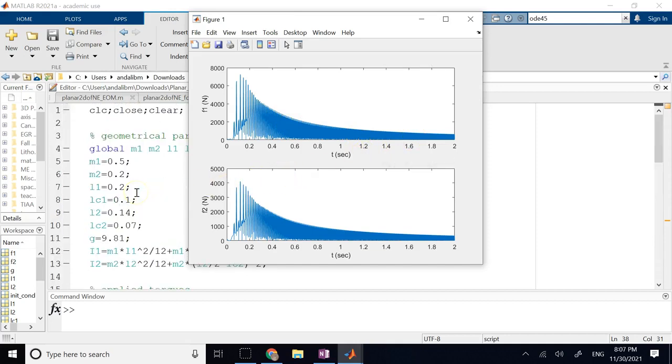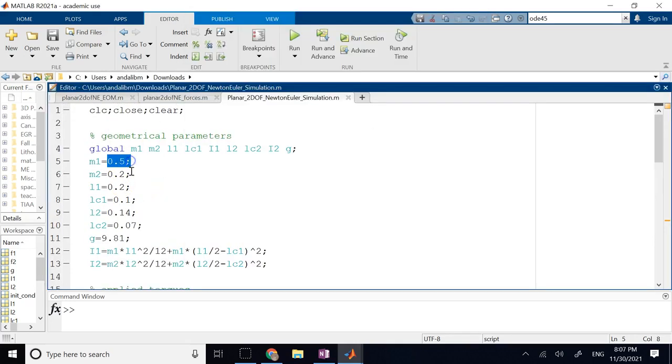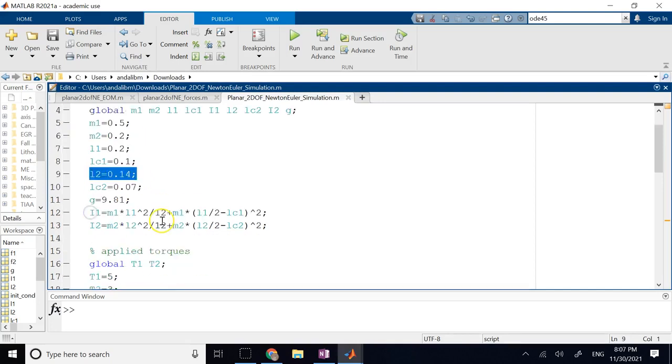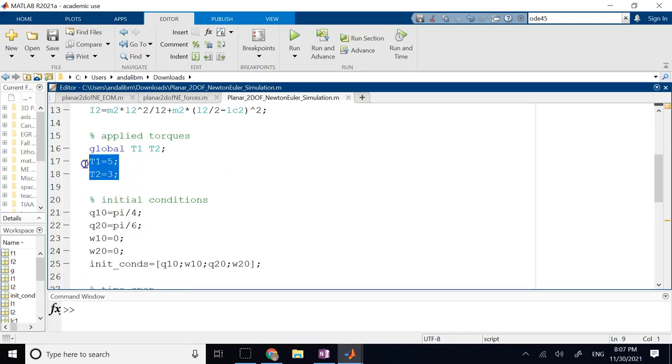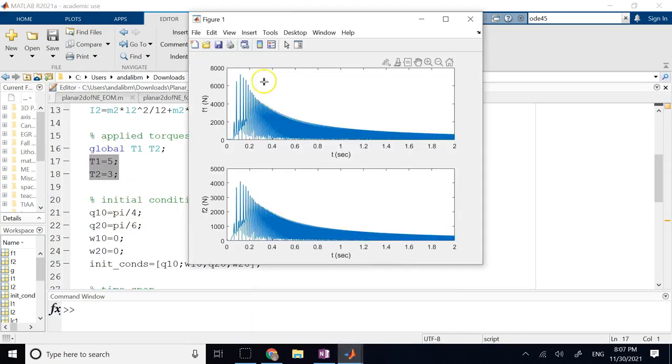And even for a small robot with like a 0.5 kilogram first link, 200 gram second link, 20 centimeters first link, and 14 centimeters second link, and some relatively small torques, if you look here, the maximum value of my F1 can go all the way up to something like 7,300 newtons.